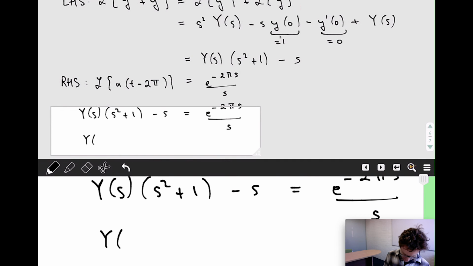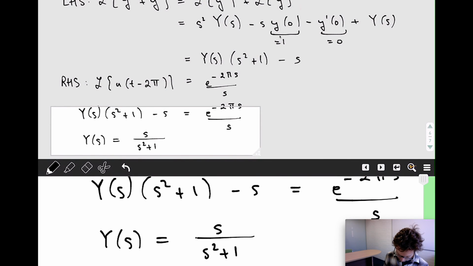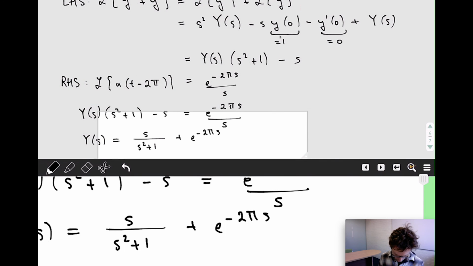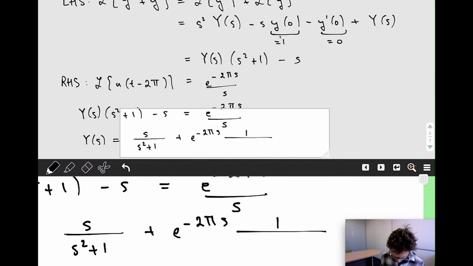So Y of s is equal to, let's bring the s over to the right-hand side, so I get s divided by s squared plus 1, plus e to the minus 2 pi s times 1 over s times s squared plus 1.